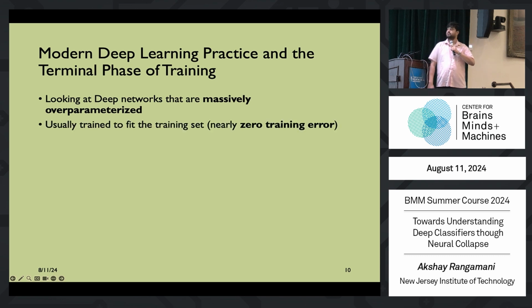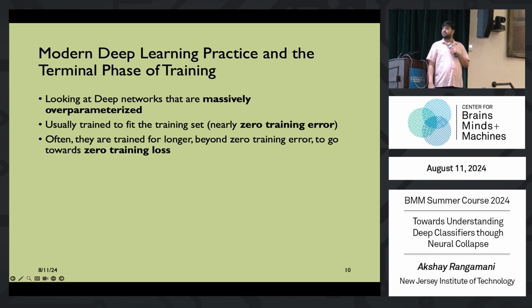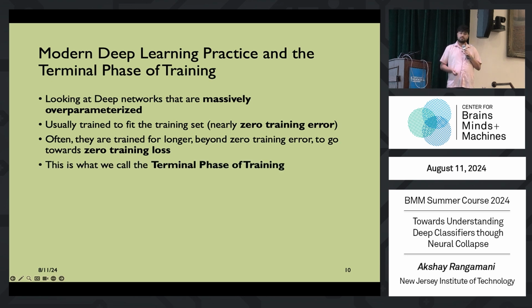They're usually trained to fit the training set. You try to hit zero error in terms of accuracy. And then often you try to go beyond that to really hit zero training loss, or hit global minimizers of the empirical loss function. And this is the terminal phase of training.